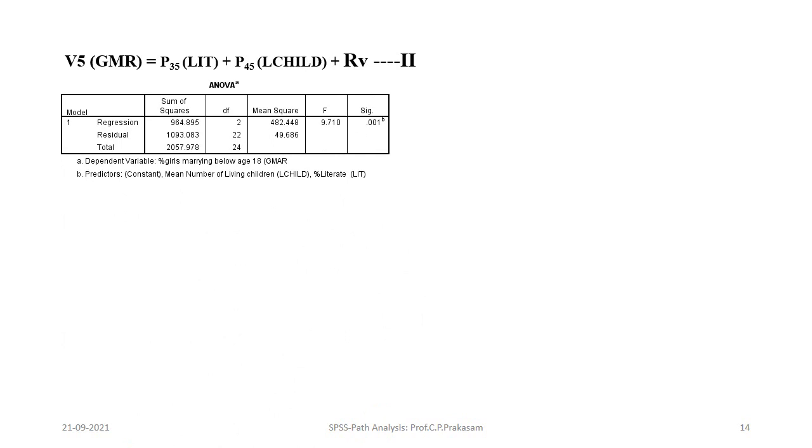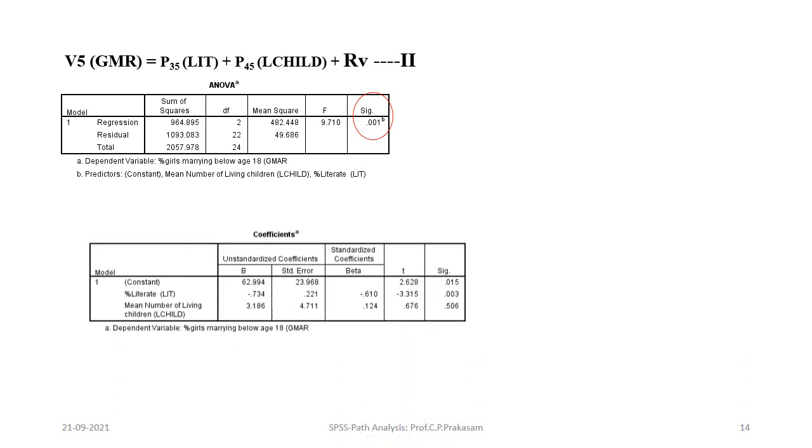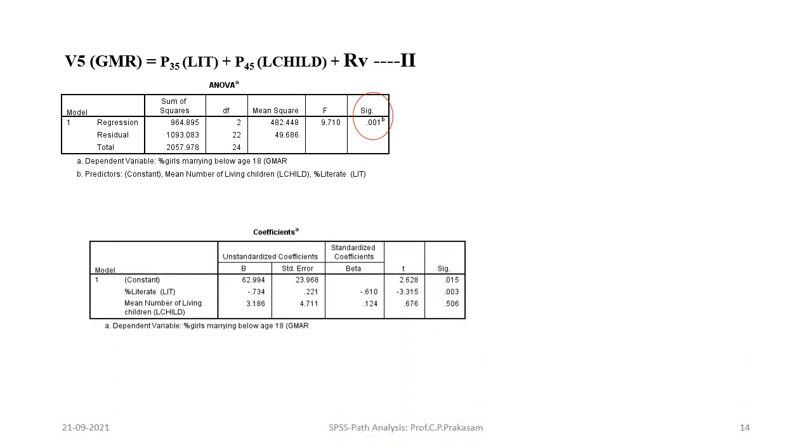Here also we get the SPSS output, and the analysis of variance shows it is highly significant. The regression equation is highly significant and suitable. Then the output coefficients, obtained as standardized beta coefficients, show literacy and mean number of living children influencing girls marrying under 18 years.